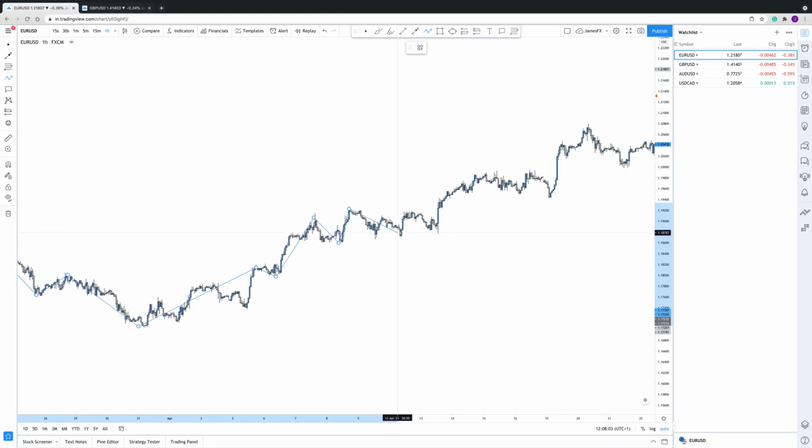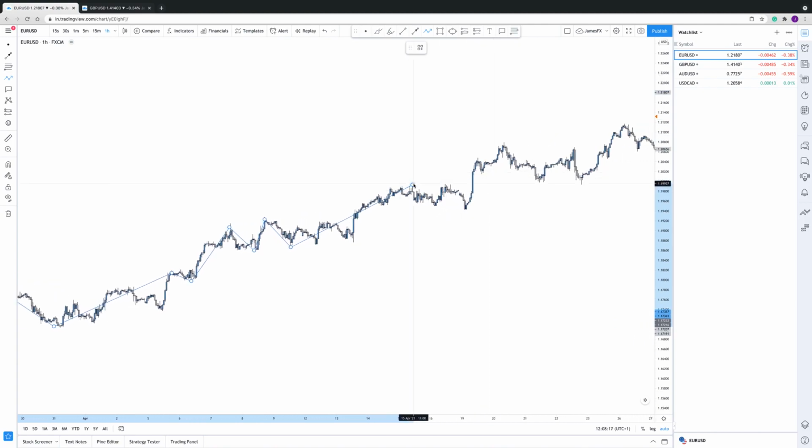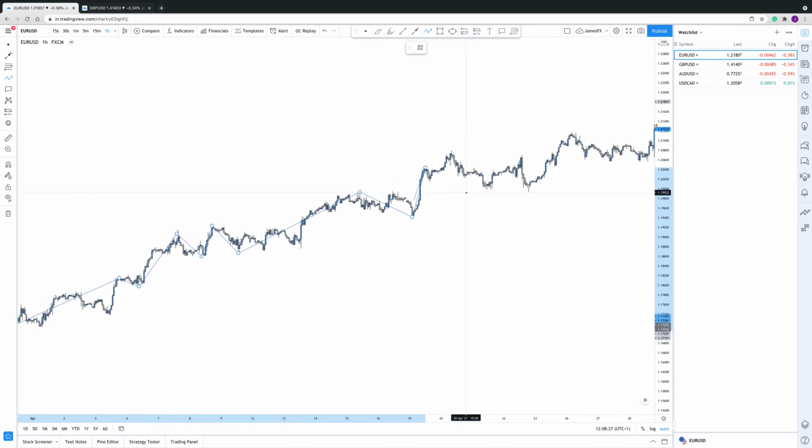Bearing in mind we have areas here that we can look to be getting long from. But this is the higher low. We then get a higher high, the highest point is around here. So that's the most recent higher low, higher high, higher low, higher high. This is confirmed once we got this impulsive move up that broke this high.